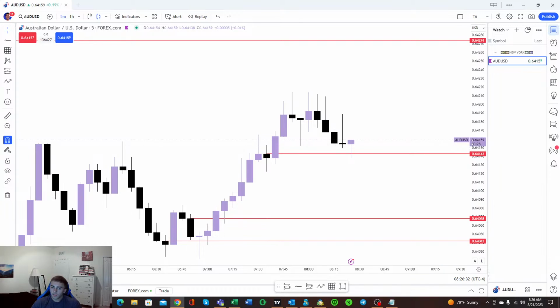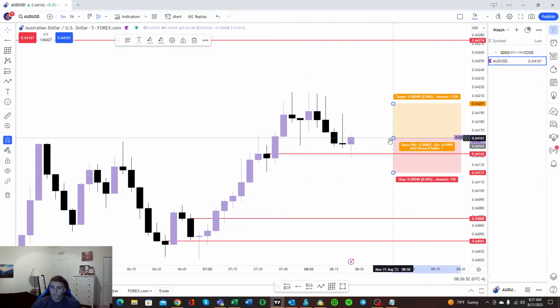So on TradingView, it's nice here. You can see exactly how long you have until the candle closes. We've got about 3.5 minutes. Just want to see how big our stop loss would be.